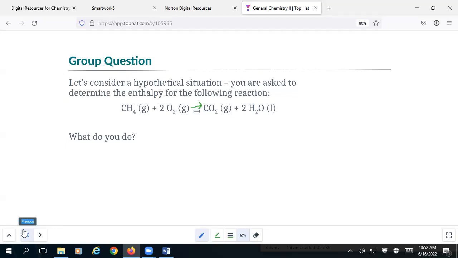Good. Okay. That's where our minds should naturally go, is if we try to do it experimentally, why don't we just take a beaker full of water, heat it up on the Bunsen burner, and see how much heat the water absorbs.